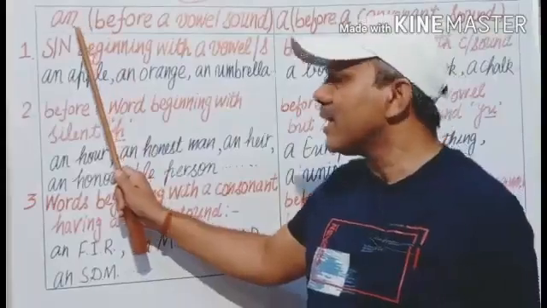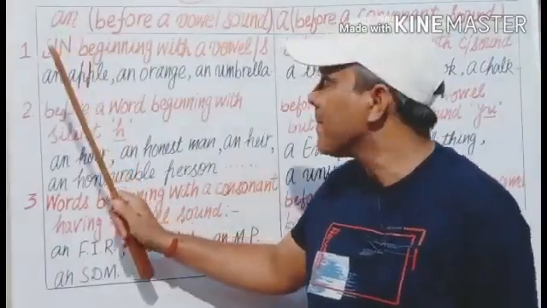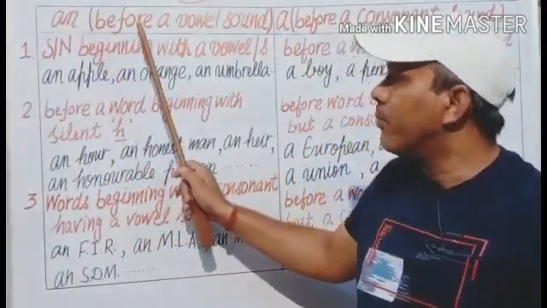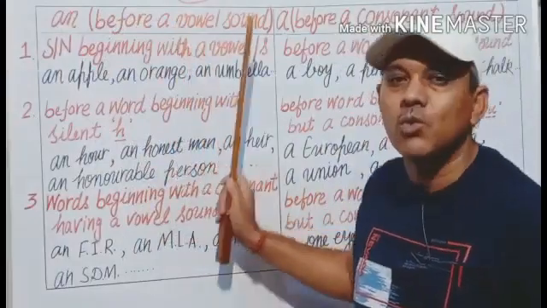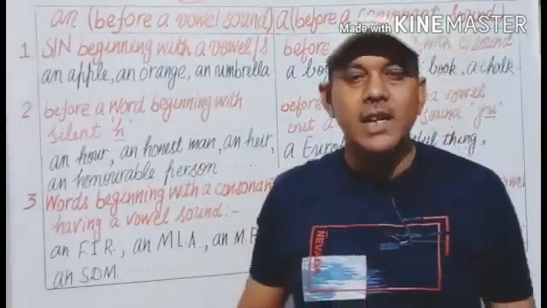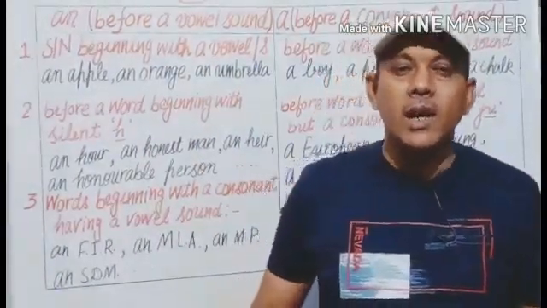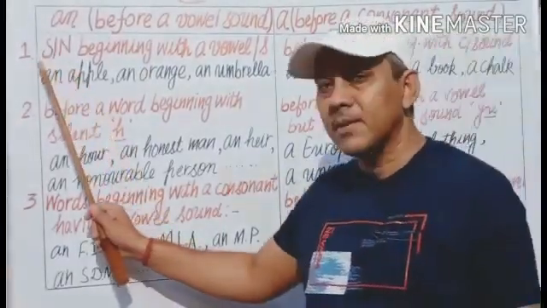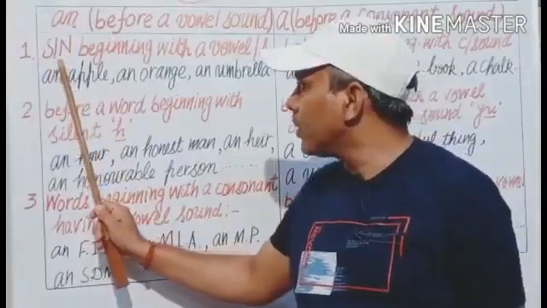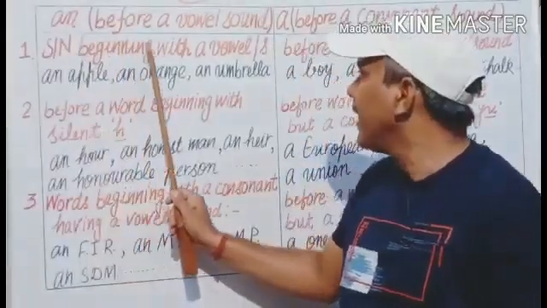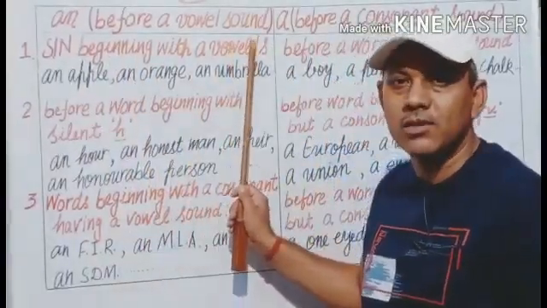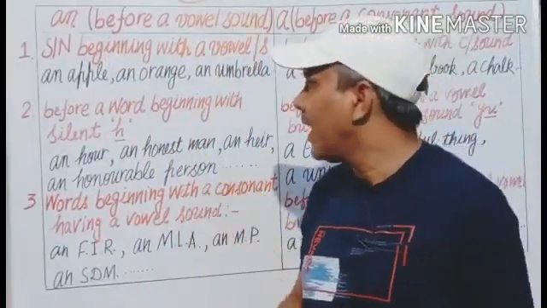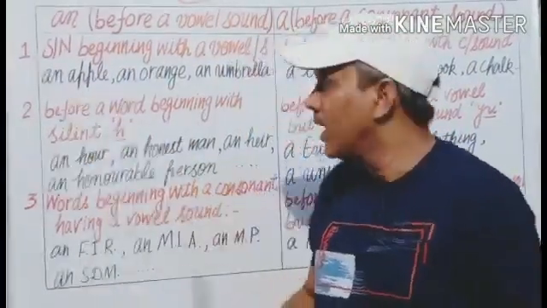Now, let us take the example of AN. AN is used before a vowel sound, or you can say before a word beginning with a vowel sound. First, it is used before a singular noun beginning with a vowel sound. For example, an apple.